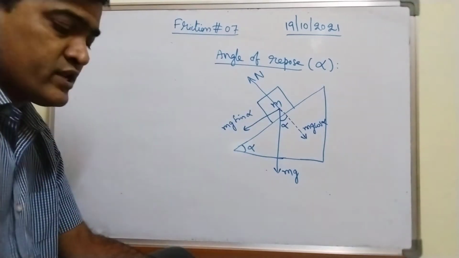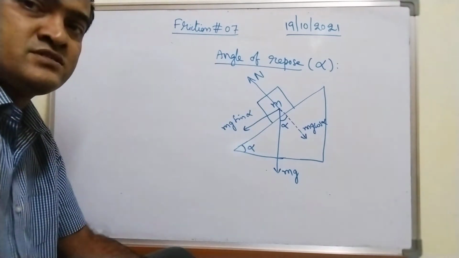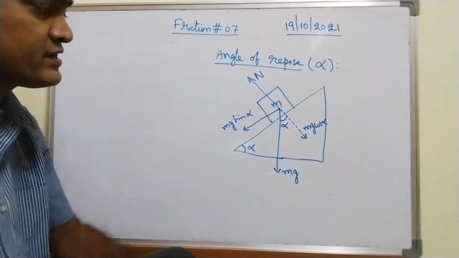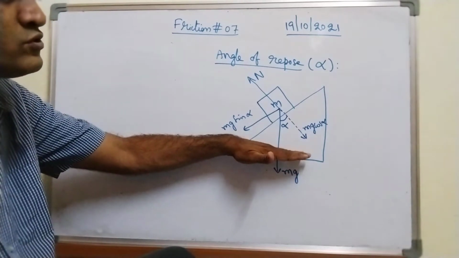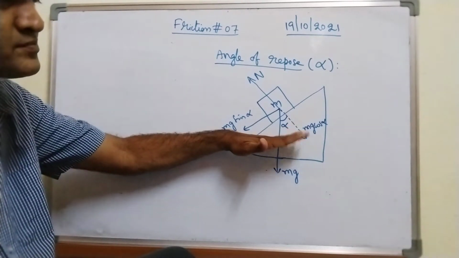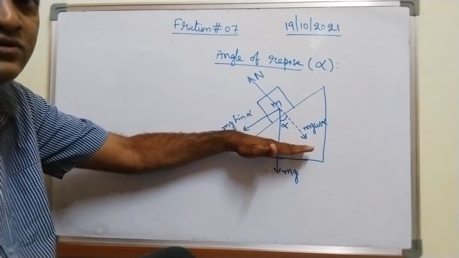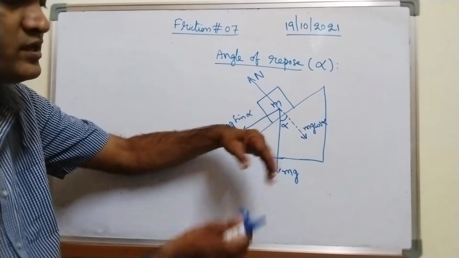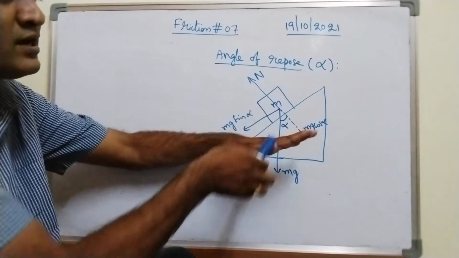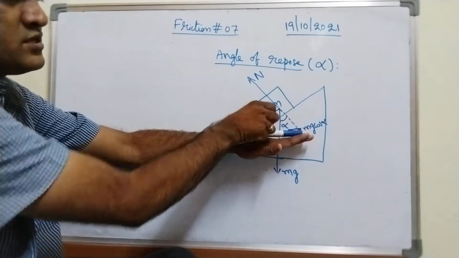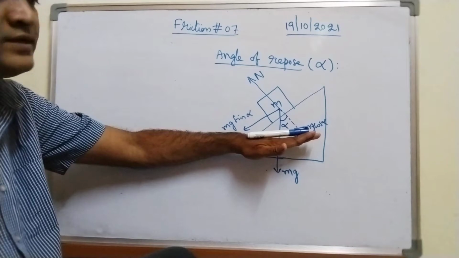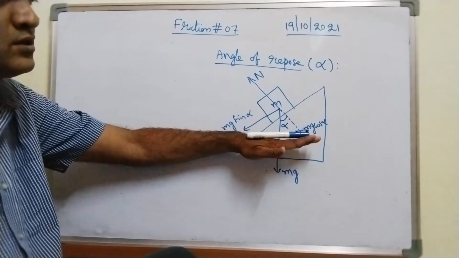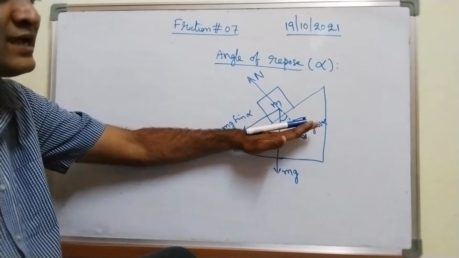Now, how can you define angle of repose? It is the maximum value of angle. Slowly try to raise the angle of inclination. If I place my marker on my hand like this, it is not falling. Now slowly I will tilt the angle.